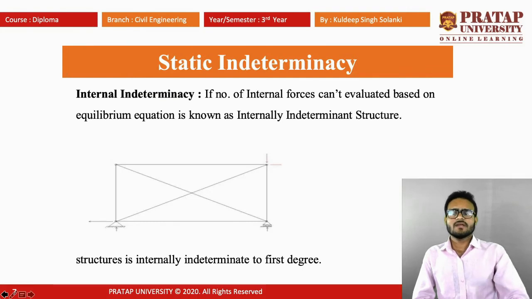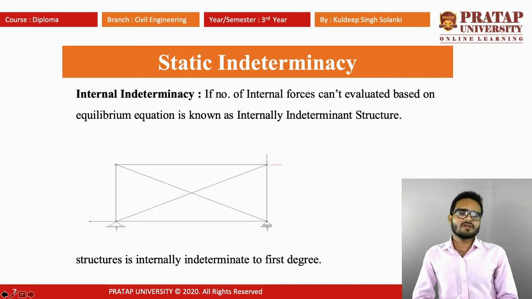Next is internal indeterminacy. What is internal indeterminacy? Internal indeterminacy means with the help of equilibrium equations, we can't find the internal unknowns, that is, internal forces. It means internal forces or internal reactions we can't find with the help of equilibrium equations. This is called an internally indeterminate structure.